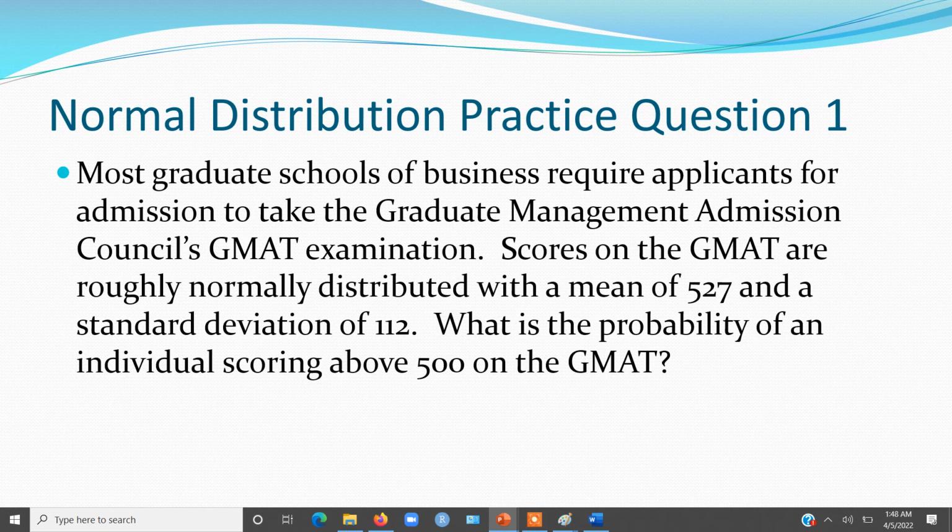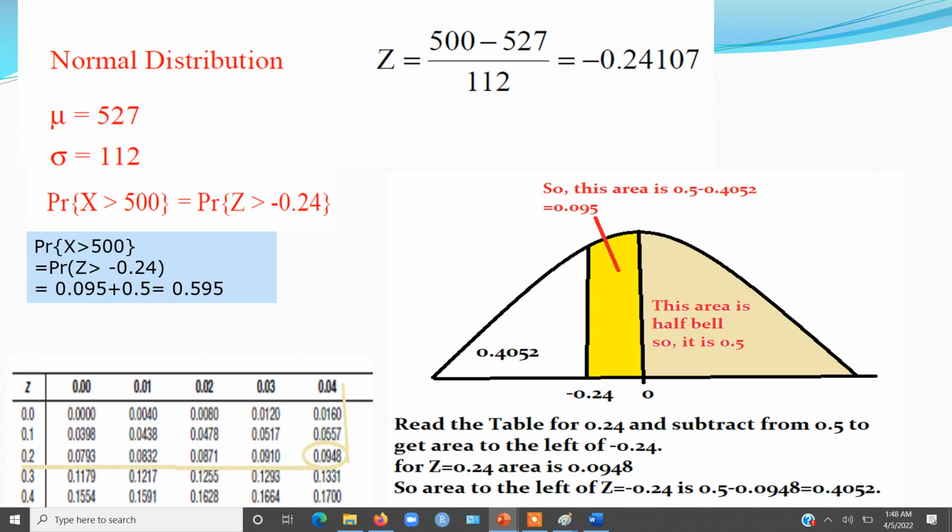So let's say we know that the scores on the GMAT are roughly normally distributed with a mean of 527 and standard deviation of 112. So we want to find the probability that an individual will score above 500 on the GMAT. So this is the data. We are going to make a graph and then we will solve it. So let's go to the graph.